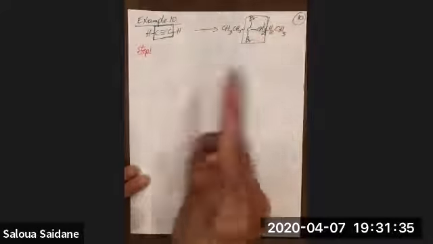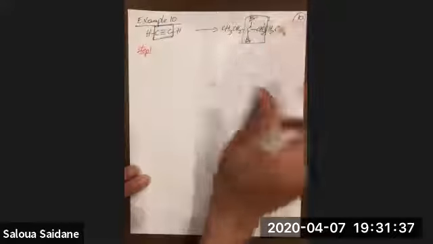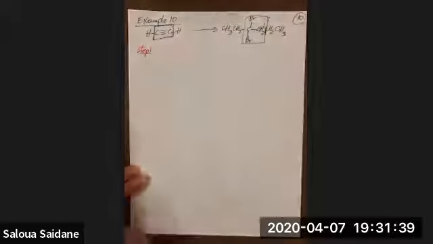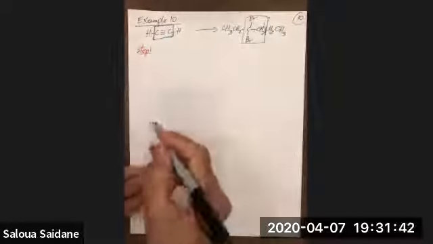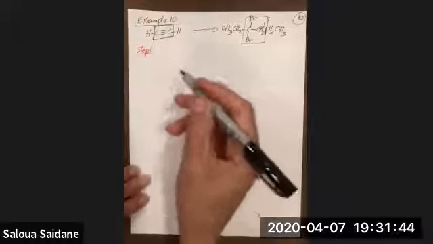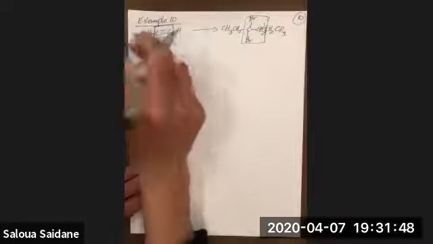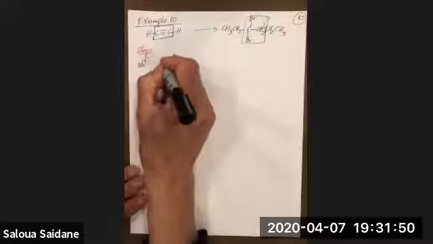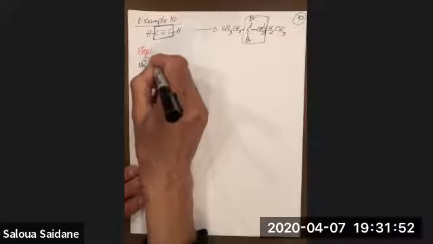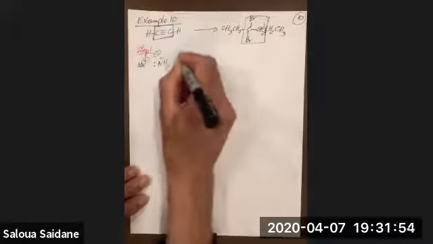And by the way, when you do these, you do one side at a time. You don't do them all at once. So that's the reason I'm showing you step 1, step 2, step 3. My first step is I'm going to remove one of them. You don't remove both, by the way. You always remove one at a time, so you have to show the process one at a time.